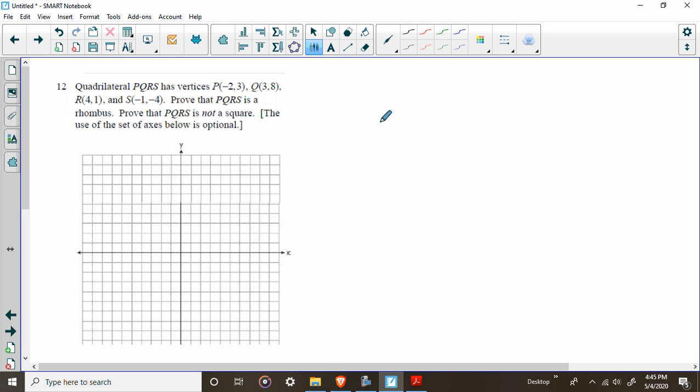All right, so last one, number 12. Let's go ahead and take a look. It says it has vertices (-2, 3), (-1, 2)... This is going to be messed up because graph paper is messed up.